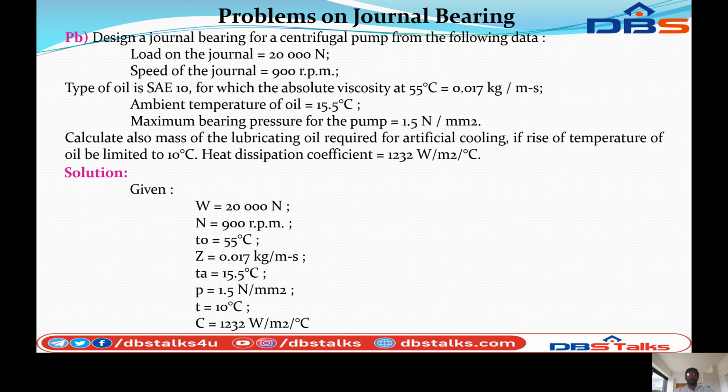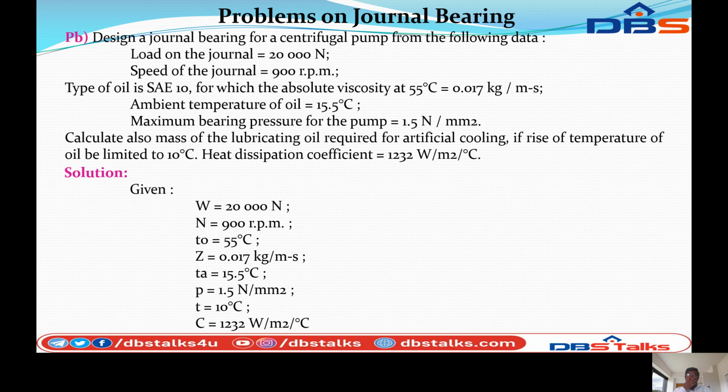So this is the problem. First note down the given data. Load on the journal bearing W is equal to 20,000 Newton. Speed of the journal N is equal to 900 rpm. Next, operating temperature T0 is equal to 55 degrees centigrade. Z is equal to 0.017 kg per meter second.